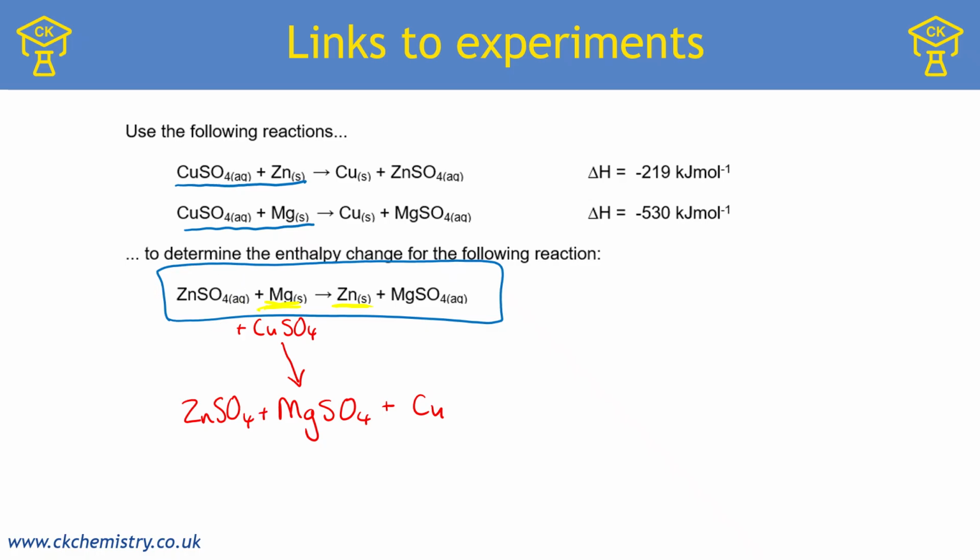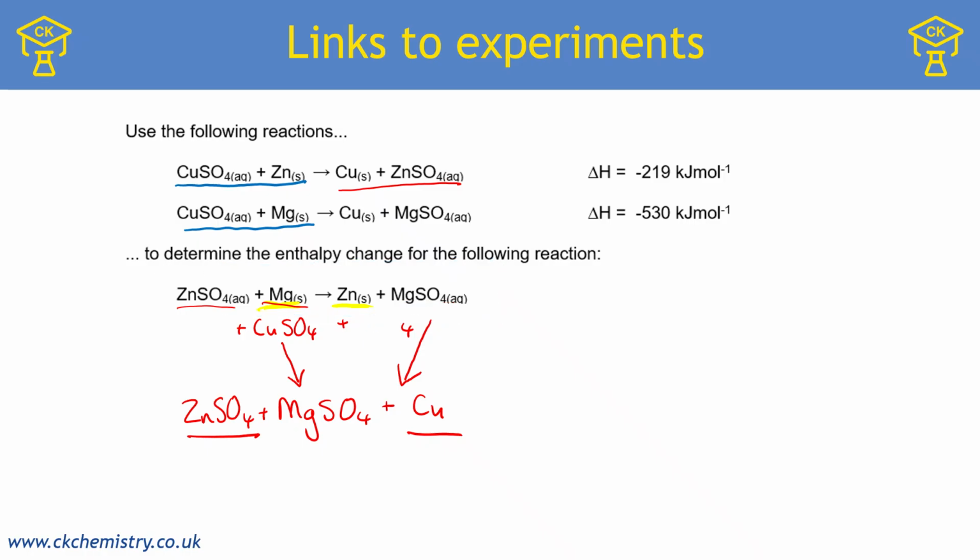So if I took a mixture of zinc sulfate and magnesium and added copper sulfate, I would end up with magnesium sulfate, copper, and zinc sulfate. All right, and then what about if I added copper sulfate to my zinc? Well, guess what I'd make? Zinc sulfate and copper. That's here. And the magnesium sulfate is already here. So it all balances out.